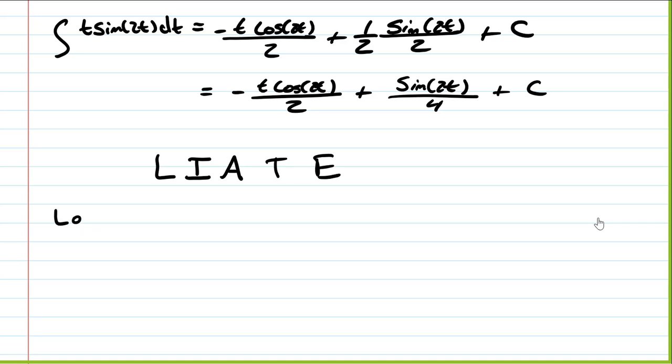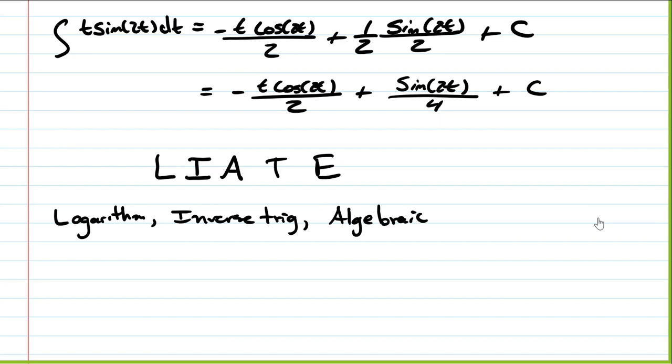LIATE, and each of these stands for something. So L is for logarithm, I is for inverse trig, A is for algebraic, T is for trig, and E is for exponential.